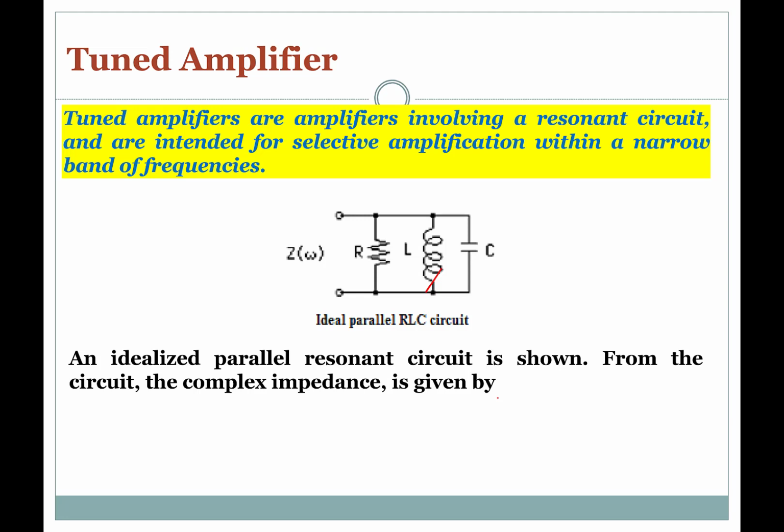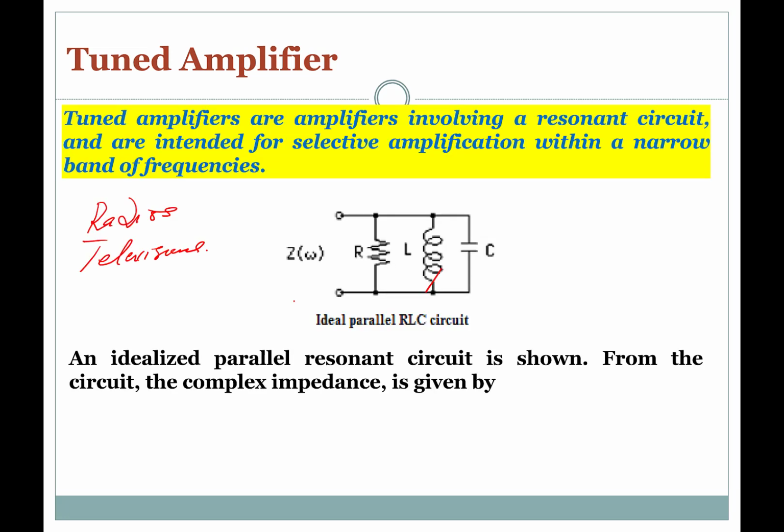Now, tuned amplifiers are amplifiers involving a resonance circuit and are intended for selective amplification within a narrow band of frequencies. For example, tuned amplifiers are employed in radios and televisions.